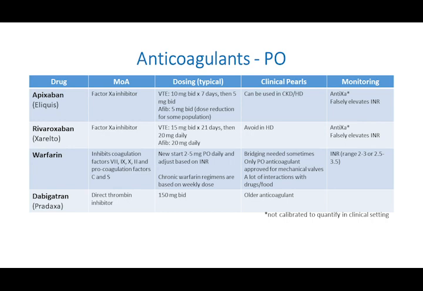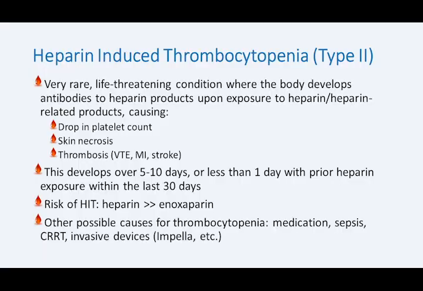There are a lot of other preferred agents like Eliquis and Xarelto, so we don't really see patients on Pradaxa a whole lot anymore. But it's also important to know that it exists and there are older patients who might be on it. So that concludes our section about anticoagulants.